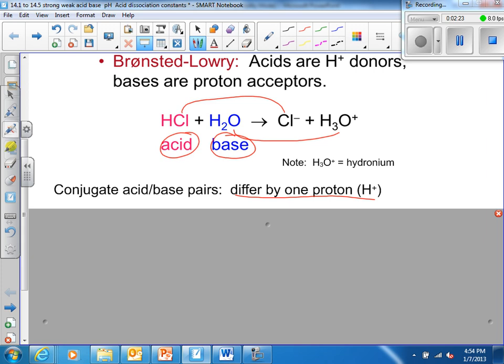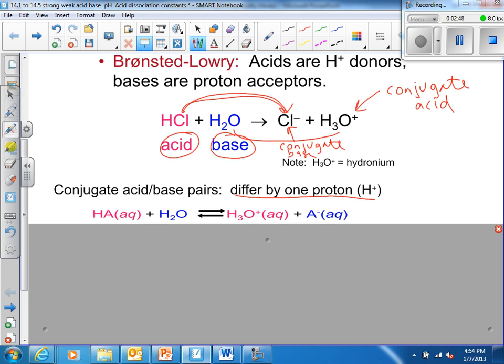The Cl minus is the conjugate what? Base or acid? Well, we started with an acid, and the acid becomes the conjugate base. That's the Cl minus, and the H3O plus would be our conjugate. Let's see, we started with a base, so this would be the conjugate acid. So let's look at this next one. Let's find our pairs.